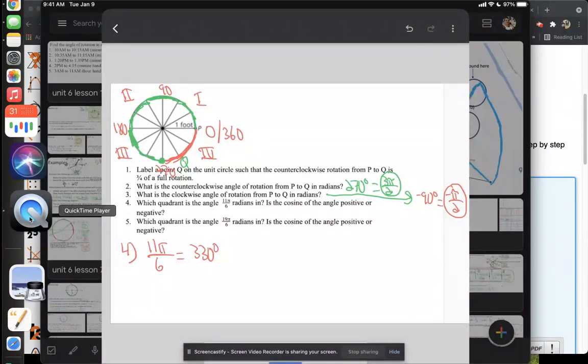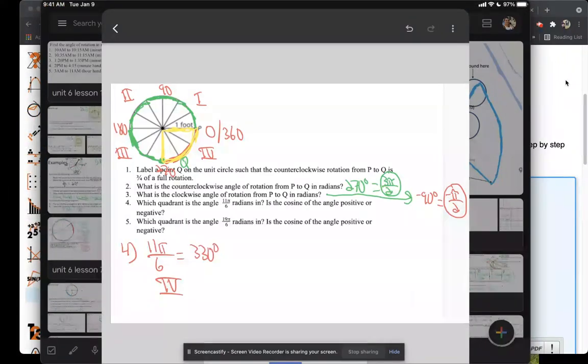That's going to be somewhere in this quadrant right here, because this is 270 and then back to where we started would be 360. So 330 is somewhere in there. Which quadrant is the angle 11 pi over 6 radians in? It's in quadrant 4.